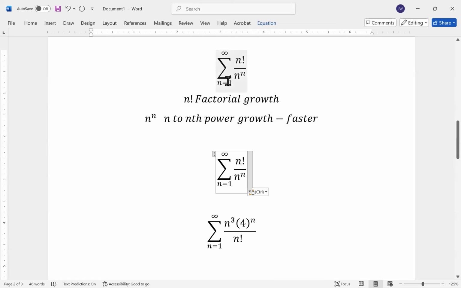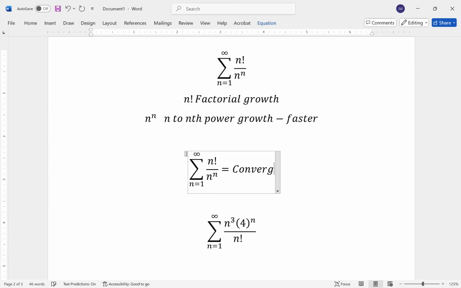So therefore, these terms individually are going to go to zero pretty quick. And when I sum them up, this infinite series is going to have to converge. I'm arguing that these terms go to zero really quickly, specifically quicker than something like 1 over n squared.